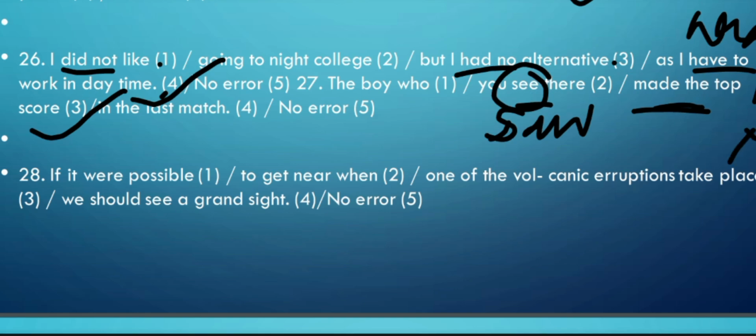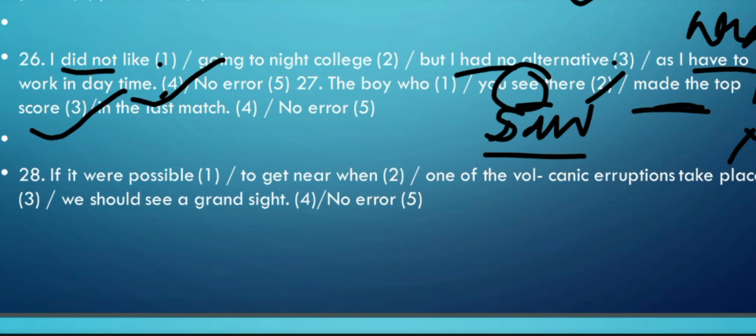The sentence says the boy who you saw there. This is the right sentence, and we have found the error in part 3, that is made the top score. Had made the top score in the last match. It is clear to all. Part 2 has a typing mistake and part 3 has the genuine error, so we have to find the error in part 3.